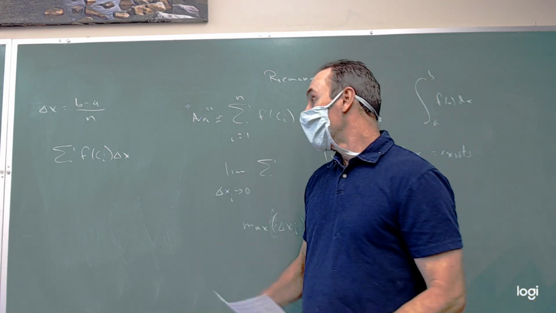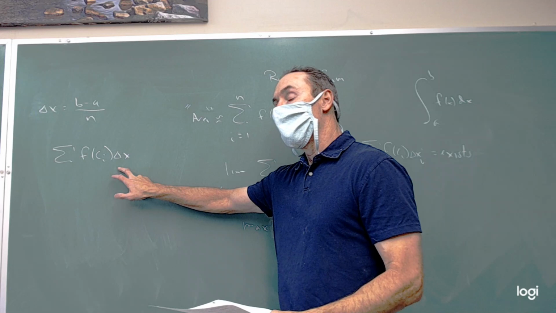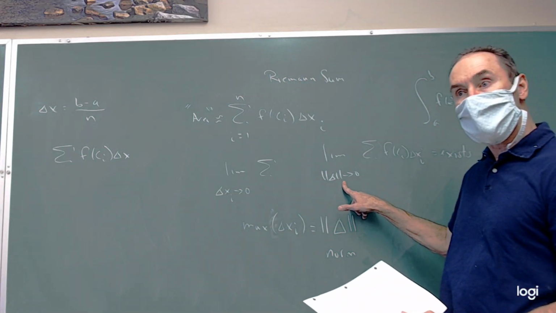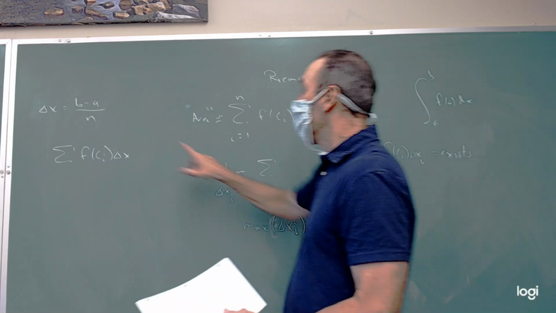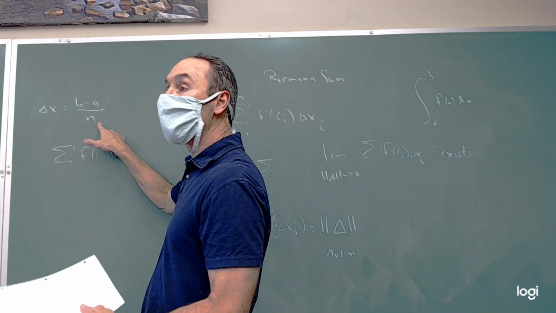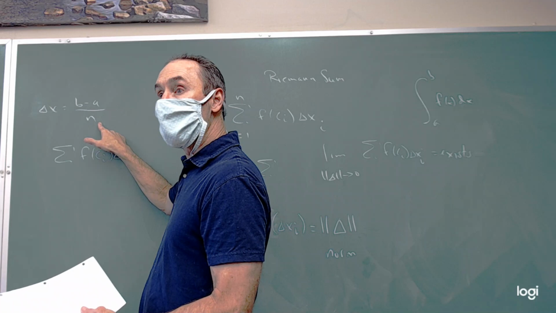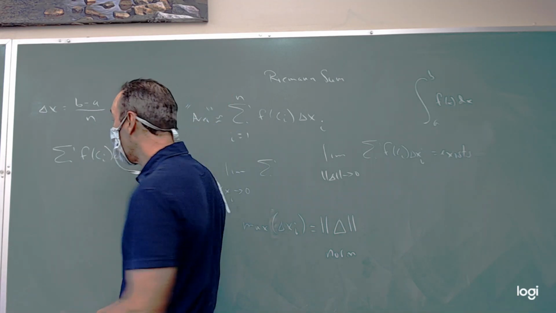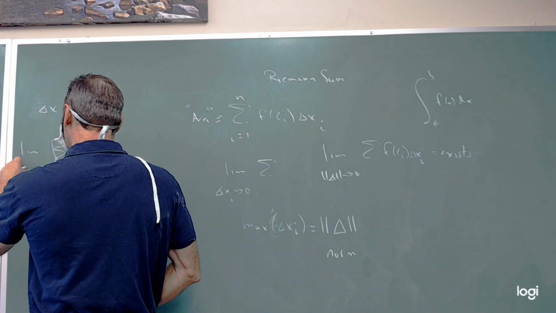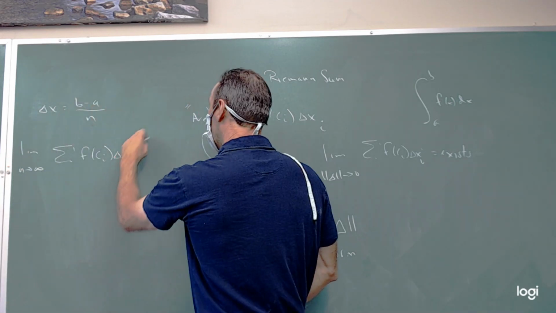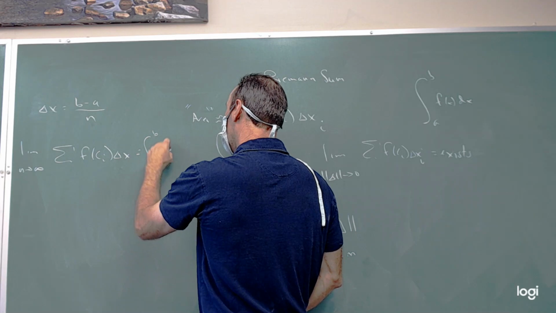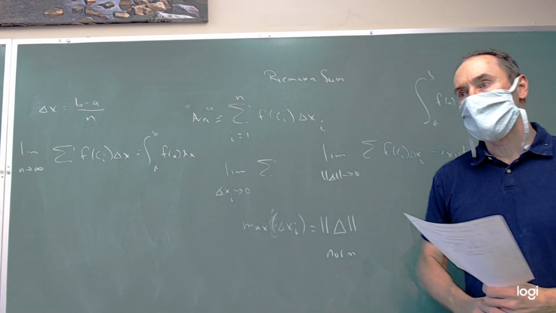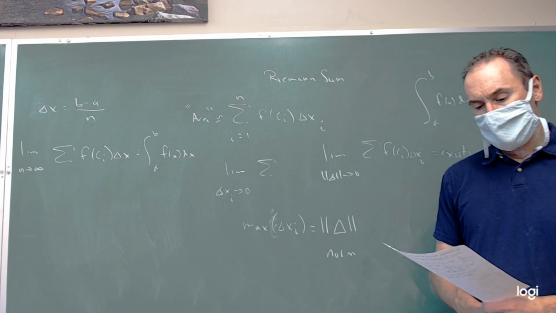And then we don't have to do this whole norm symbolism, because if we let n go to infinity, that's going to make the width of the rectangles go to 0, which is really what we want. So now we can just say the limit as n goes to infinity. That's maybe a little easier way to wrap your head around what it means conceptually.